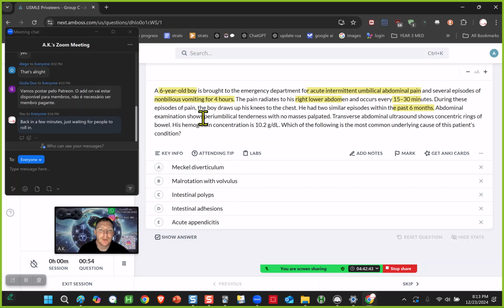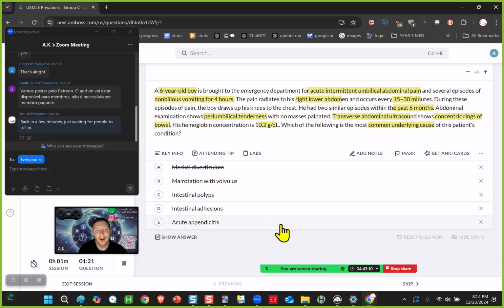Abdominal examination shows umbilical tenderness and no mass is palpated. Transverse abdominal ultrasound shows concentric rings of bowel. Hemoglobin concentration is 10.2 grams per deciliter. Which of the following is the most common underlying cause of this patient's condition?